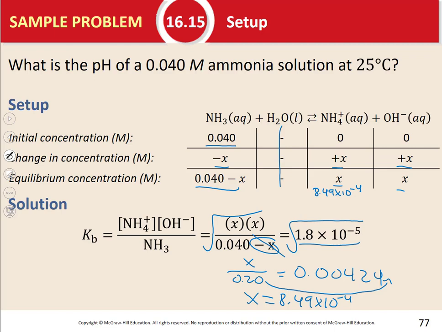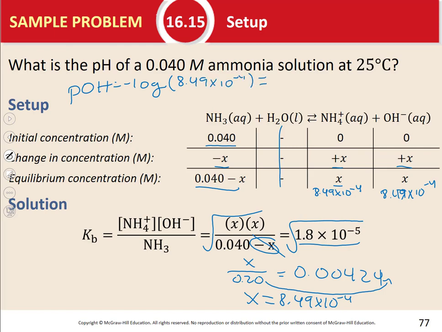So if that's X, that is equal to our concentration of ammonium and hydroxide, 8.49 times 10 to the negative fourth. So at this point, if we take the negative log of that, it will give us what? pH or POH? POH, good. So the POH is equal to the negative log of 8.49 times 10 to the negative fourth.